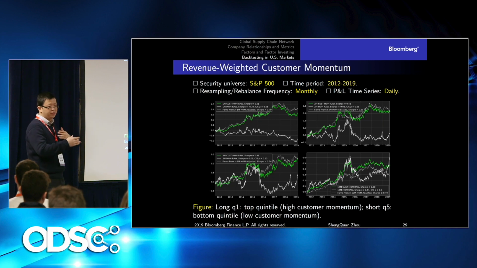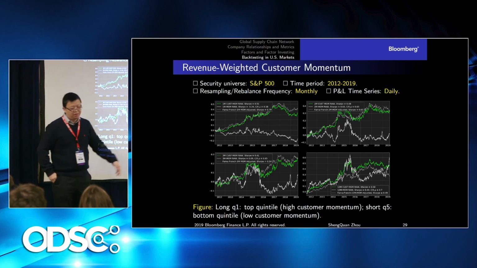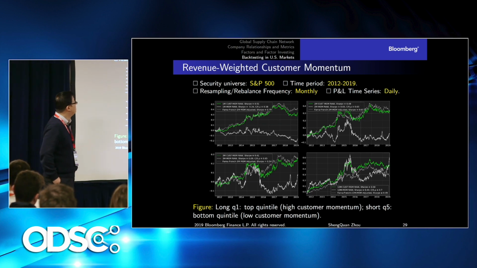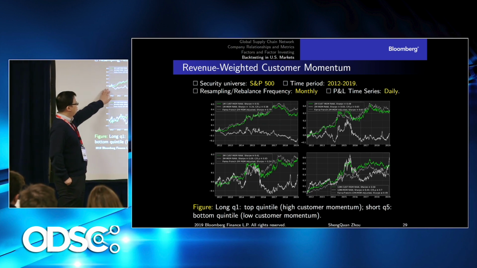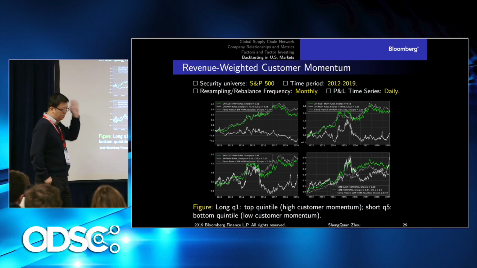It looks like it takes several months to incorporate the customer information and instantiate it as a supplier return. So if you look at long-term momentum, the Cos momentum and the supply momentum are roughly the same thing. They look similar. But if you look at the short-term momentum, say 1 month, they're different. That means Cos momentum factor is a different driver from the conventional momentum, right?